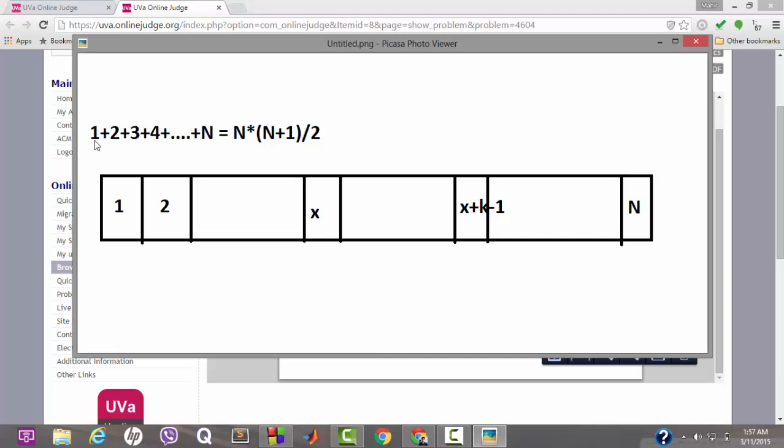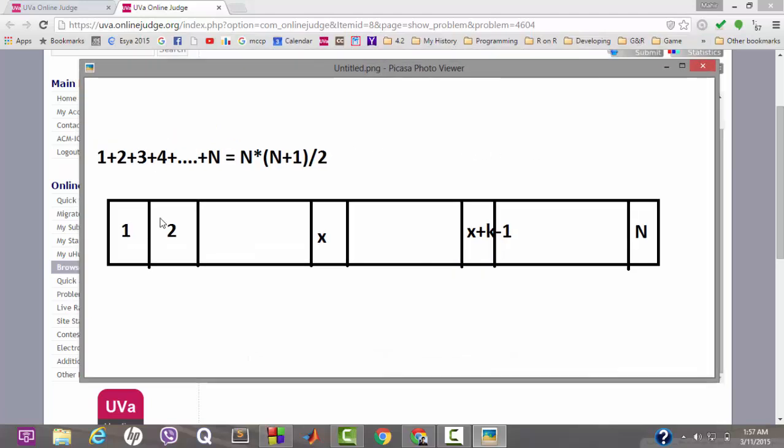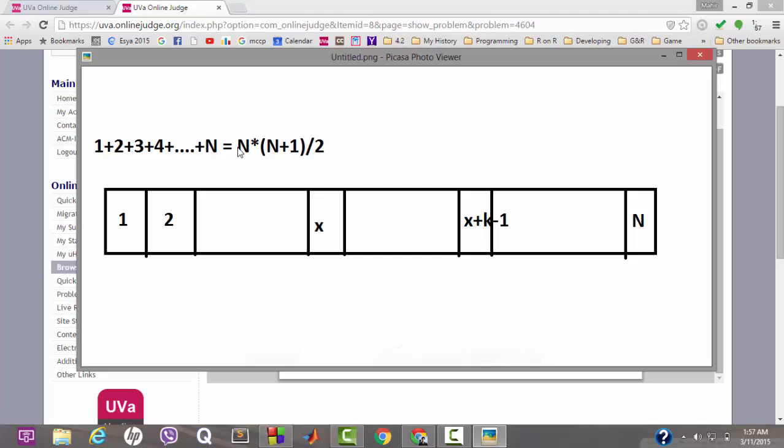We know that the summation of integers 1 plus 2 plus 3 up to capital N can be found by the formula n into n plus 1 by 2. With this we can find the total weight of the n marbles.